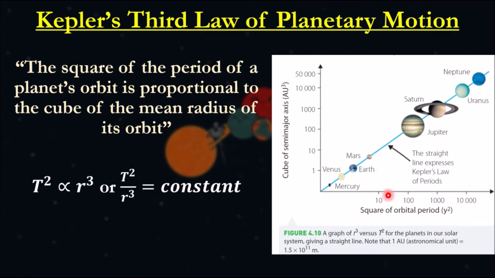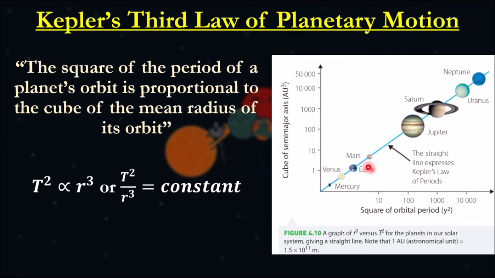So the ratio between the two is constant, which means if I know how long it takes for the Earth to orbit around the sun, and I know the average radius it makes, I could actually use this value to help me work out how long it takes for Jupiter to do one orbit, or how far it is away from the sun on average, if I know how long it takes to orbit around that sun.